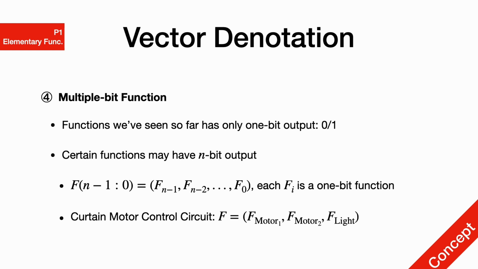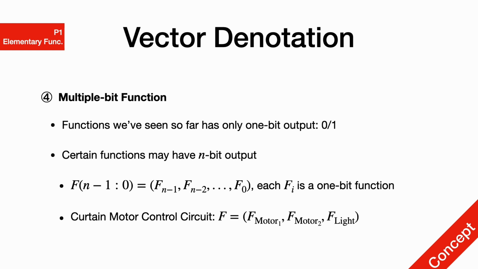You would obviously realize that a function f would take a certain amount of variables as input. In most cases, the functions that we've seen so far only generate 1 bit of output, either 0 or 1. But certain functions, such as arithmetic functions, might actually generate n-bit output, and sometimes it can be cumbersome to draw all n bits separately on different wires.